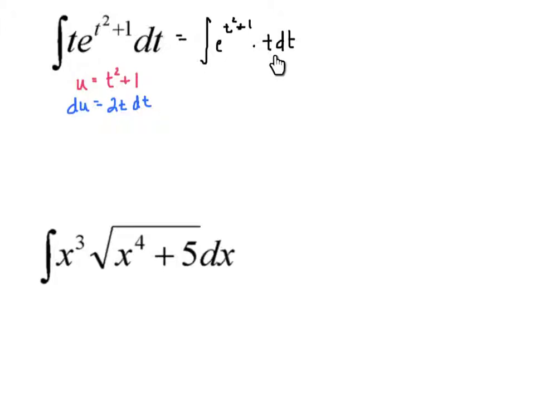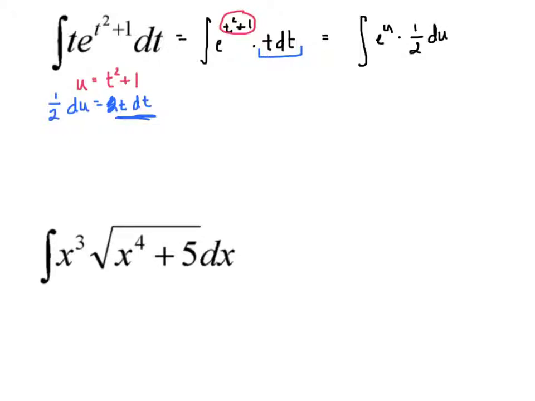Same thing. But now, if I go back over here, I could divide both sides by 2, so I can replace the t squared plus 1 with a u, and I can replace the t dt with a 1/2 du, because that's what t dt is equal to. So my integral becomes e to the u multiplied by 1/2 du.